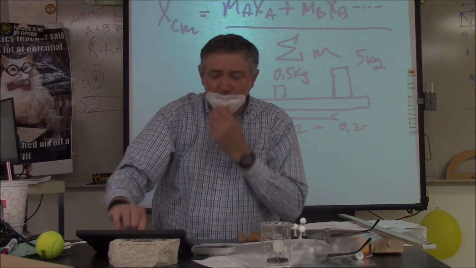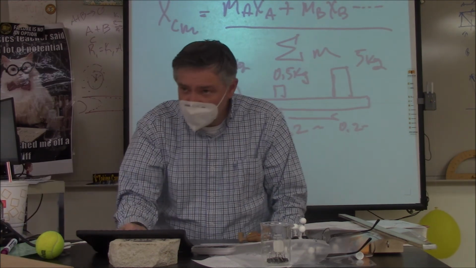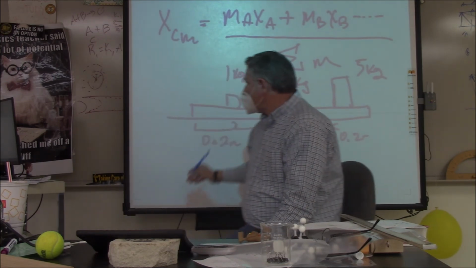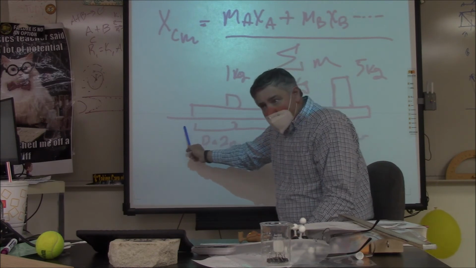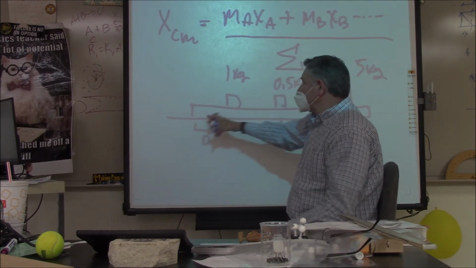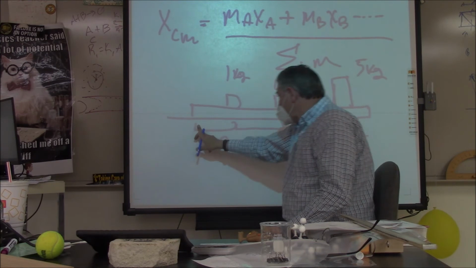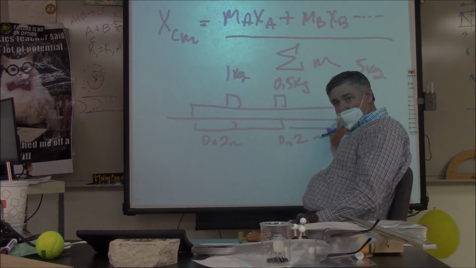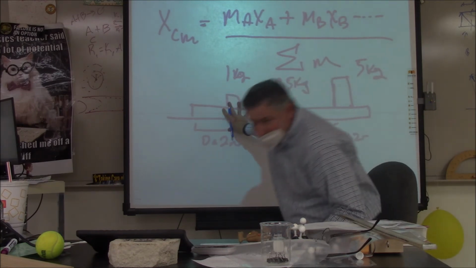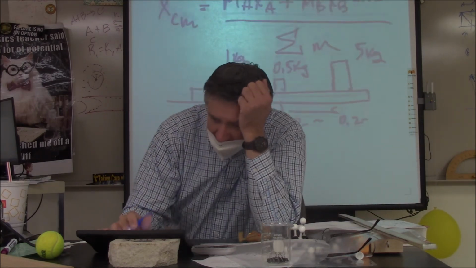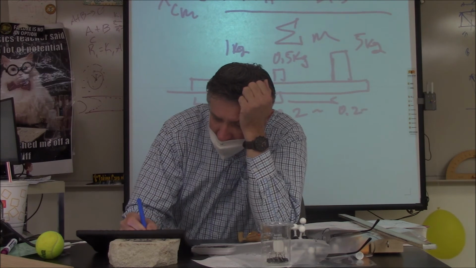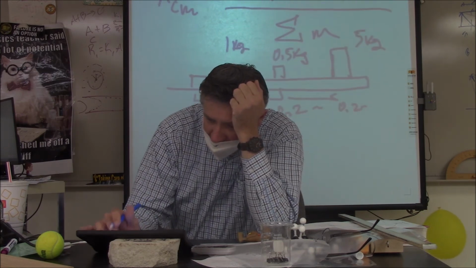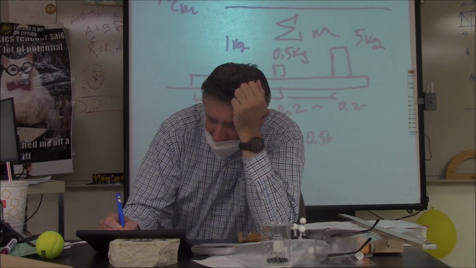So here's the deal. The formula is pretty simple, but here's the only thing that you have to watch. You have to start on one end, and these distances are from the pivot point. They aren't how far they are from the previous one. So like this first one, I'm going to have 1 kilogram times 0.2 meters plus a half a kilogram.